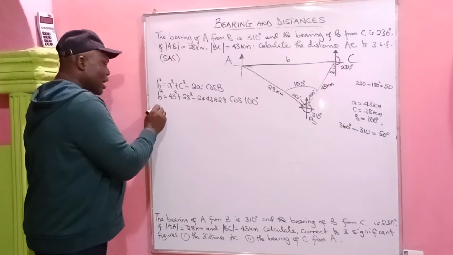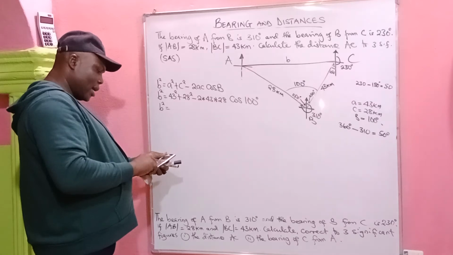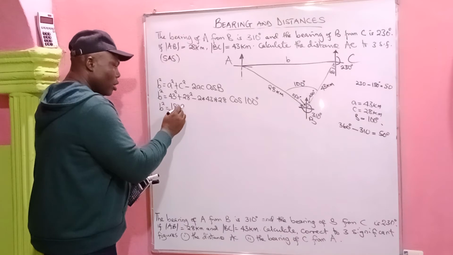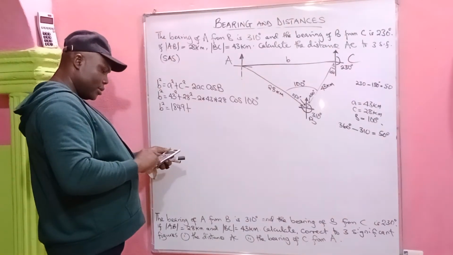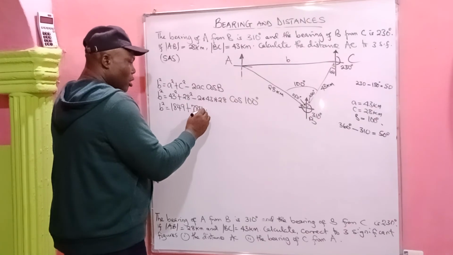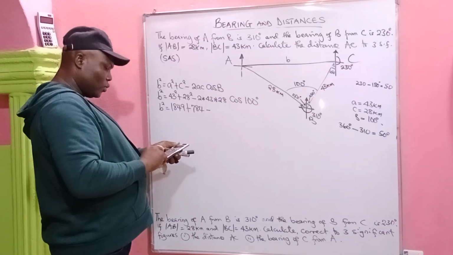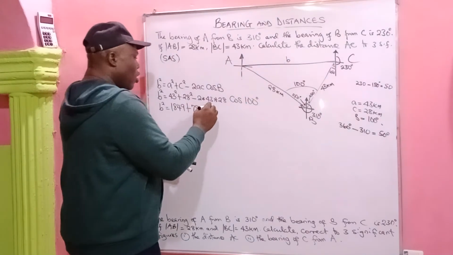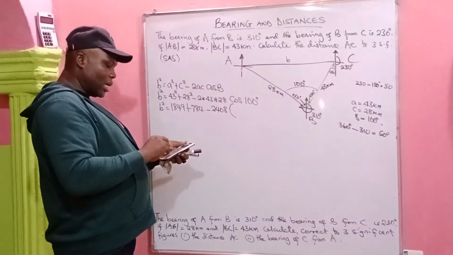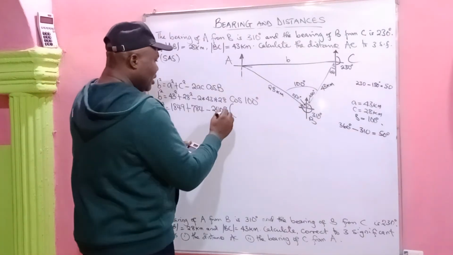So we can get our b squared to be 43 squared, which is 1849, plus 28 squared, 784, minus 2 times 43 times 28, which is 2408, and then the cos of 100, that will be negative, cos 100, 0.1736.